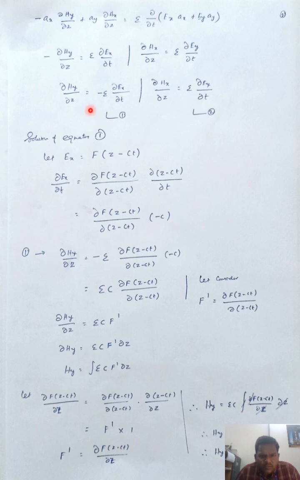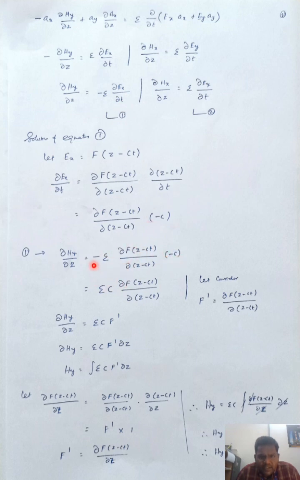Taking equation 1 here again, the partial derivative ∂Hy/∂z is equal to minus epsilon times ∂Ex/∂t. Instead of this ∂Ex/∂t, we have the equivalent value here. We are replacing this equivalent value in the above equation 1.